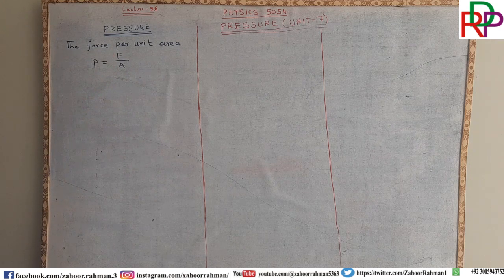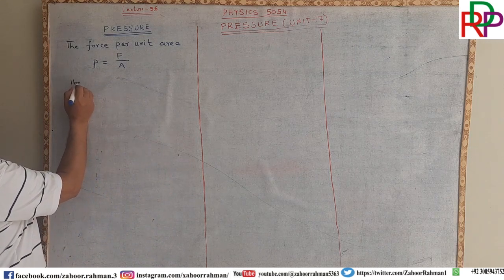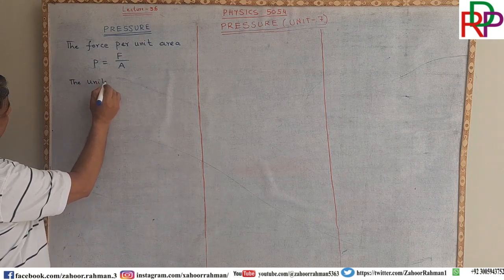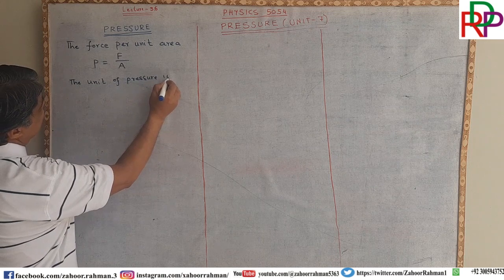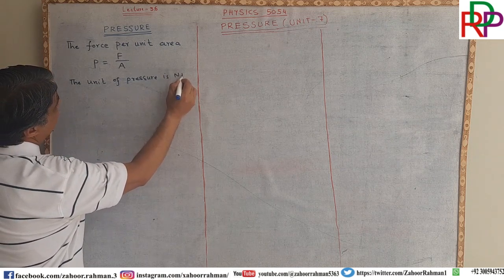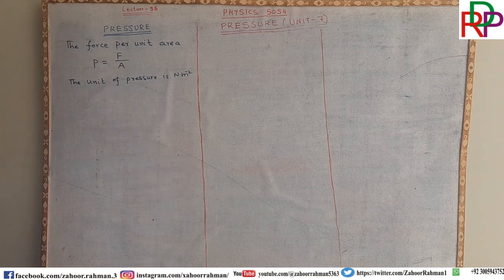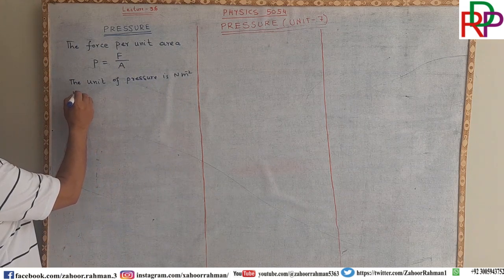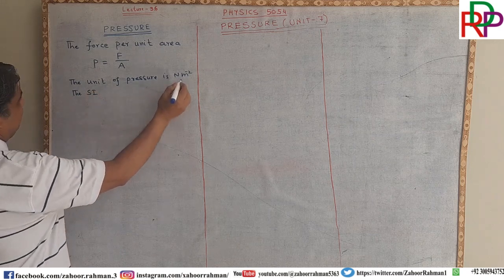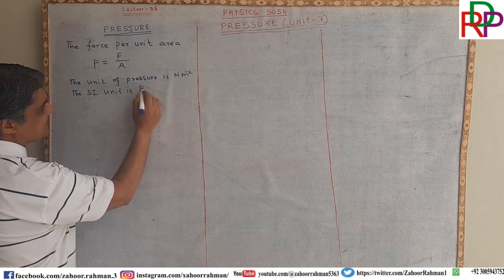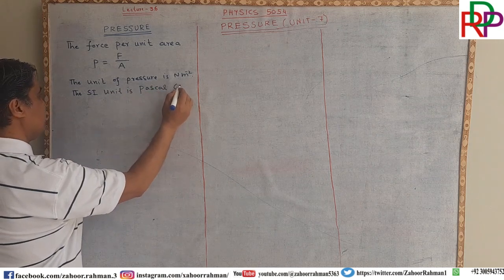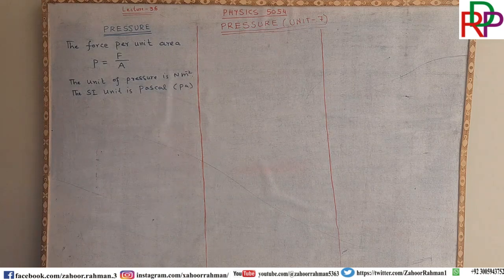Ladies and gentlemen, the unit of pressure is Newton per meter square. The SI unit is Pascal, which is Pa.